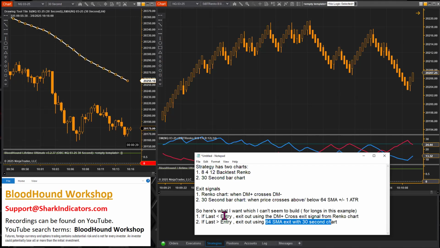And because the exit requires looking at whether the trade is profitable or in a loss, that has to be done inside of Blackbird.